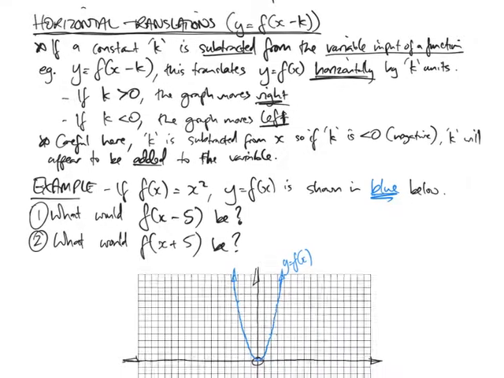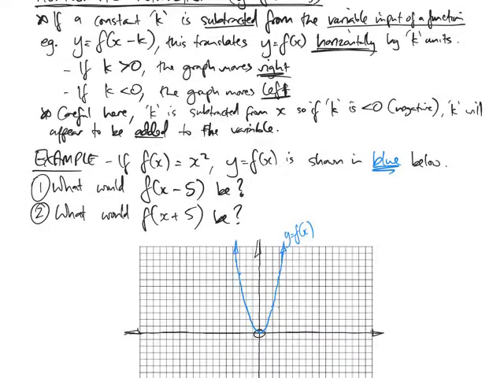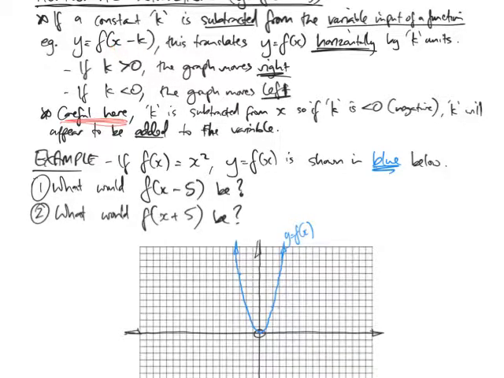So you need to be careful here. I'm going to change my colors back to red. Careful here, because this example has been given to you as x minus k. If k is subtracted from x and k is less than 0, it's negative, it's going to look like x plus k, because a minus and a minusing a negative number will result in a positive.